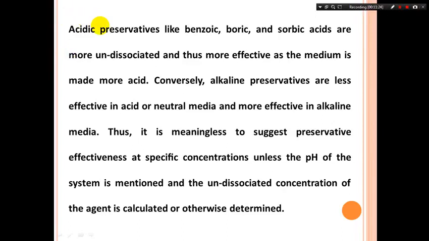Examples of this are the acidic preservatives like benzoic acid, boric acid and sorbic acid.